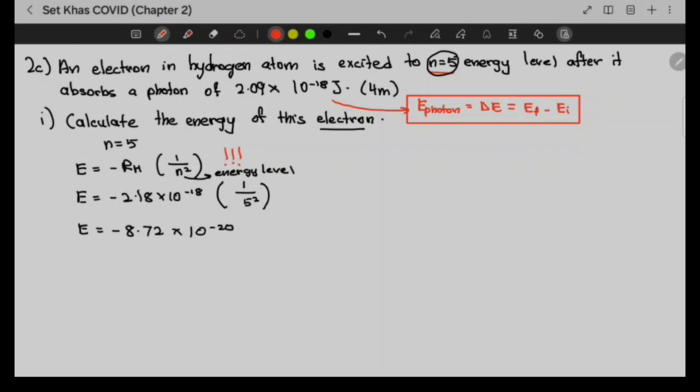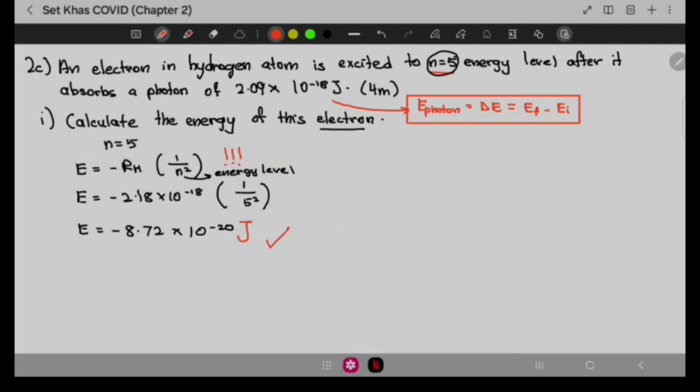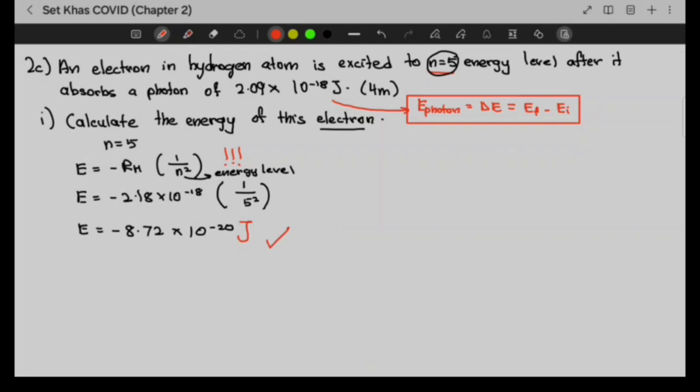If you leave your answer at that, you won't get any marks because you have to write the unit joule. When you write the unit joule, that's when you will get a mark. Also you have to remember that this is the final energy, so it's EF because it is excited to n equals 5 energy level.